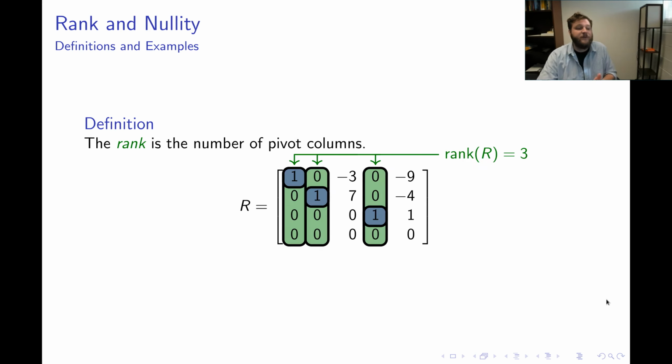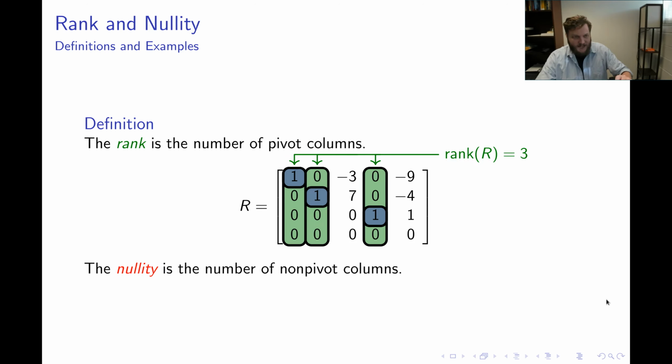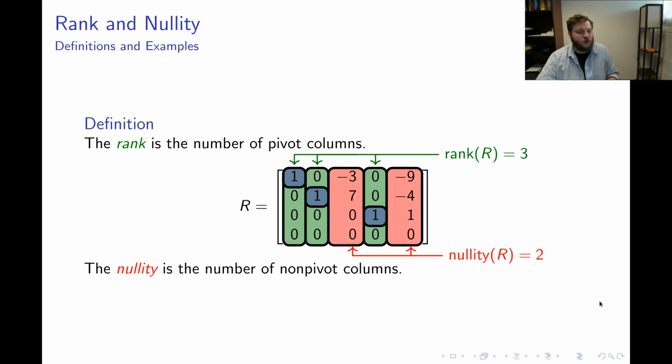So we would say that the rank of our matrix equals 3. So rank is the number of pivot columns. The nullity of a matrix in reduced row echelon form is the number of non-pivot columns. In this situation, there are 2 non-pivot columns, so we say that the nullity of this matrix is equal to 2.